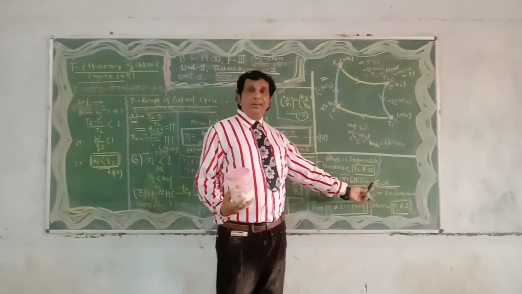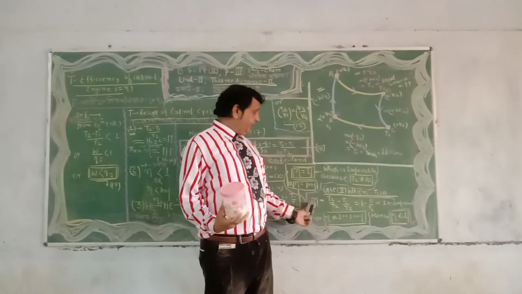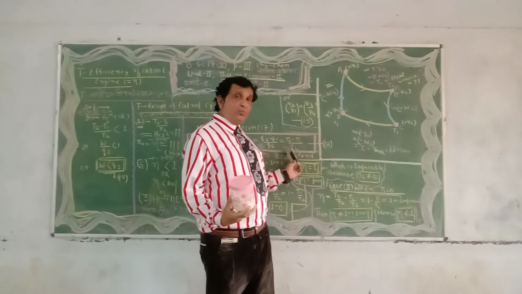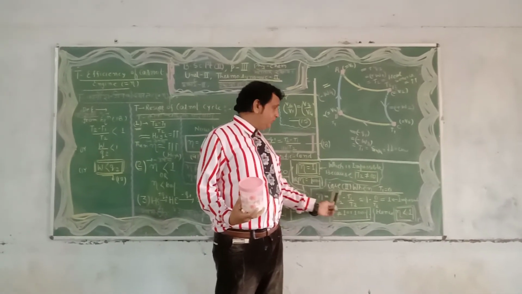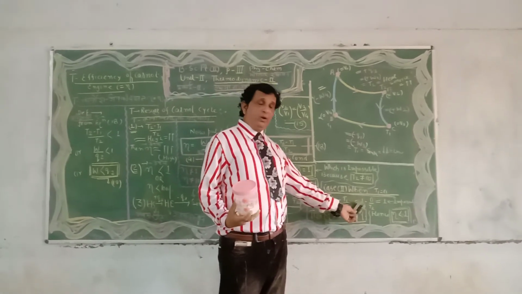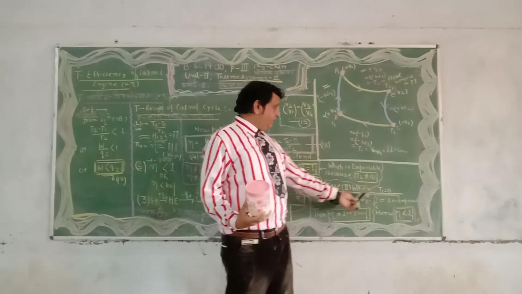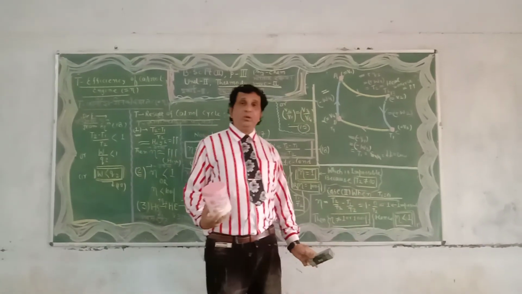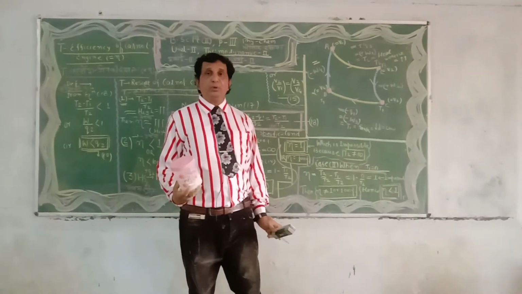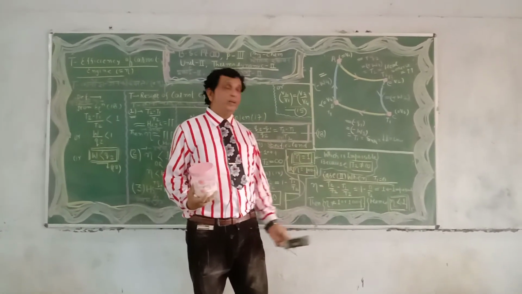Let us put down the value of the temperature of the sink, T1 is equal to 0. Again, from equation 18, eta is equal to T2 upon T2 minus T1 upon T2, which is 1 minus 0 upon T2. T1 is equal to 0. Again, eta possesses the value of unity, which is also impossible because the absolute temperature of the universe cannot be expressed as 0.